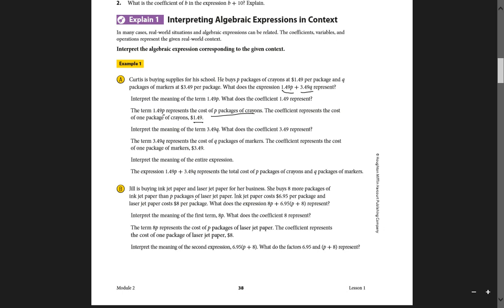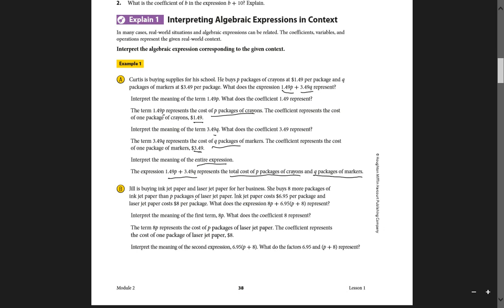And then 3.49q is the cost of q packages of markers, where the cost of each package is 3.49. So 1.49p plus 3.49q represents the total cost of p packages of crayons and q packages of markers.